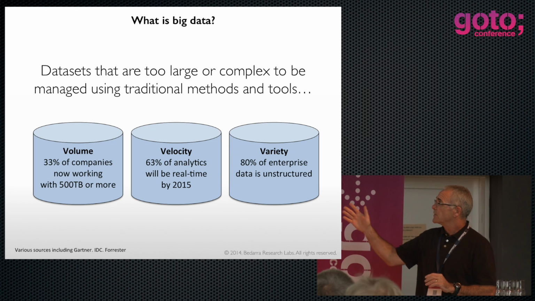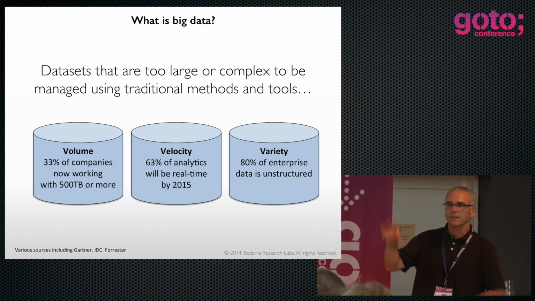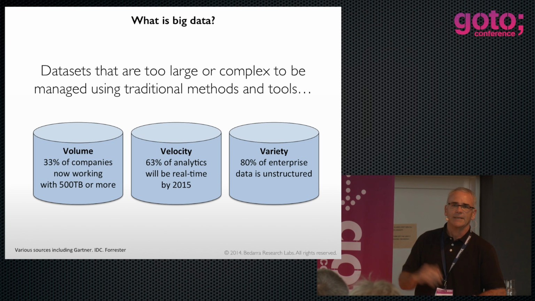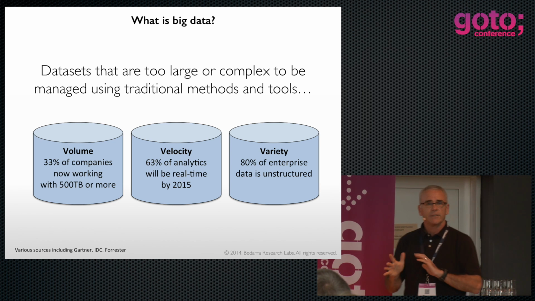To give you an example, 33% of companies today, based on Gartner, Forrester, IDC statistics and those sorts of things, are now working with data sets of 500 terabytes or better. We have velocities. By next year, they're predicting that 63% of analytics will be done in real time, which is pretty amazing. And the variety is what's really significant.